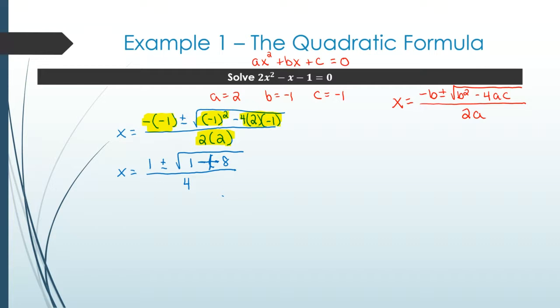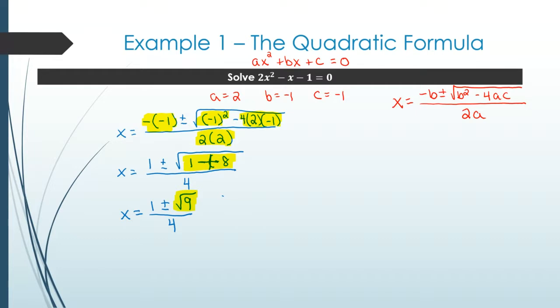So now, following the order of operations, we need to simplify inside the square root before we do anything else. So I have x equals 1 plus or minus, and then 1 plus 8 is 9. So that's the square root of 9 all over 4. Now we want to actually take the square root of 9.